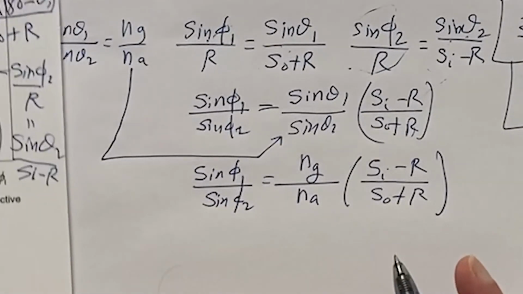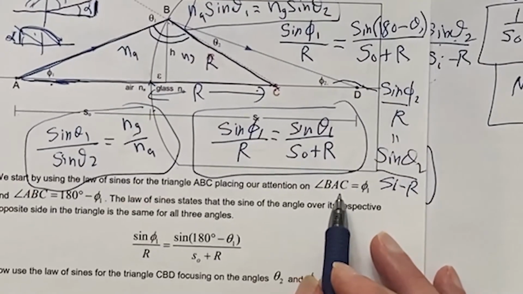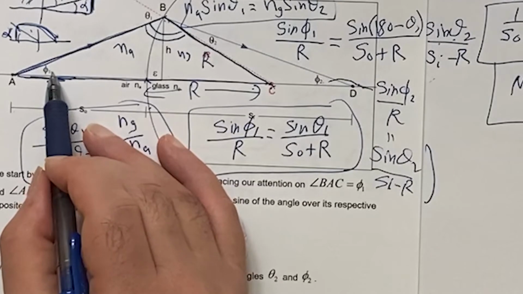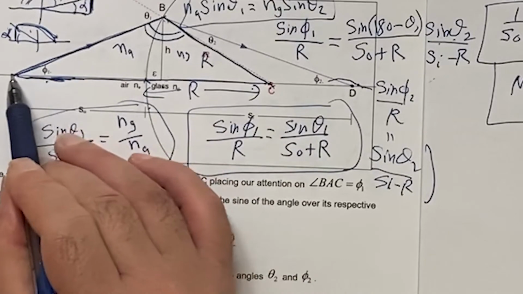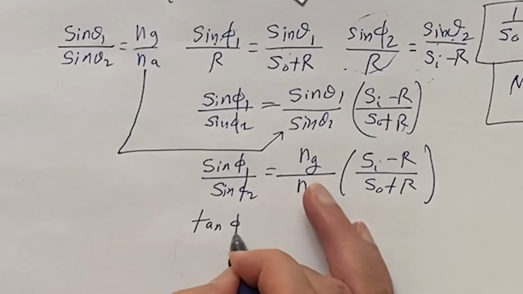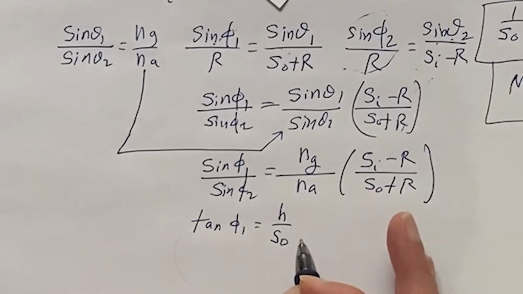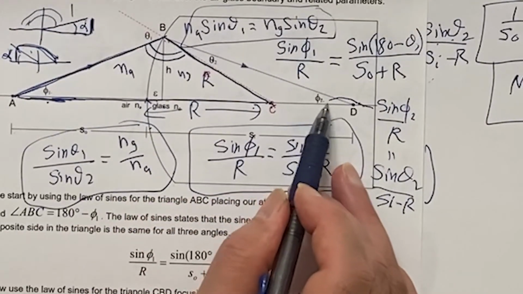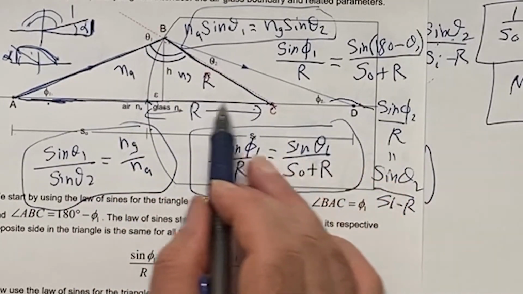Let's take a second to go back here. What I would like to do is write down that the tangent of phi 1 is going to be H over SO, and the tangent of phi 2 is going to be H over SI.